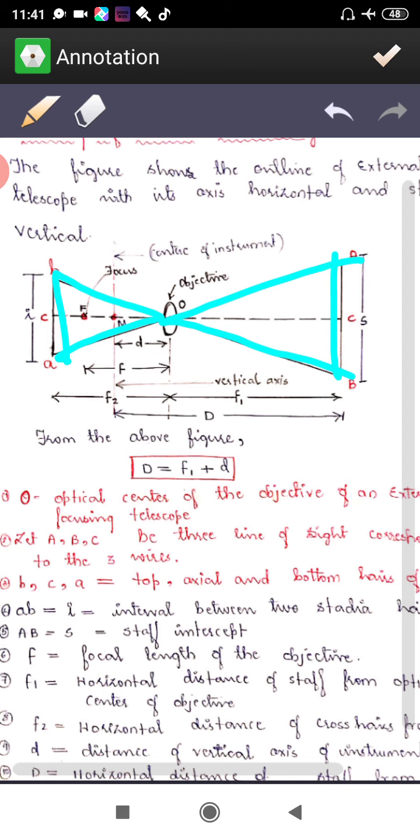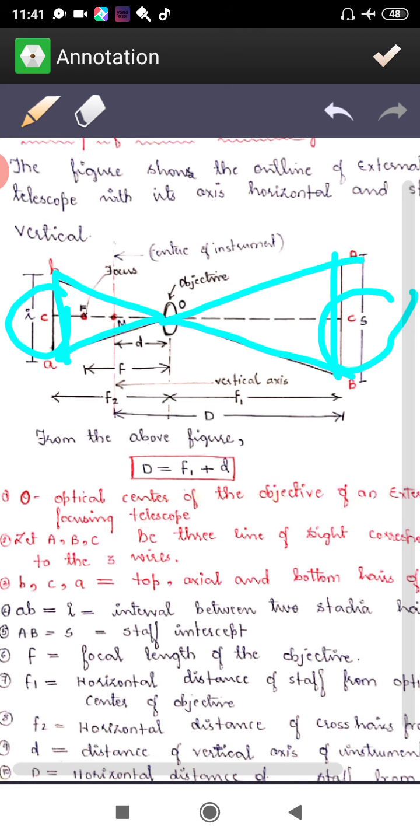See, if you check this, we are having F1 here and we are having F2 here. So F1 divided by F2 you can do based on these two similar triangles. Similarly, you can do S divided by I. So you can have a relation between all the sides.